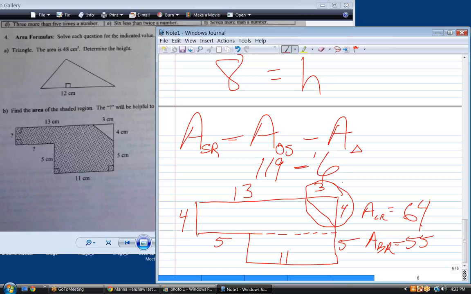So 119 minus 6 is the answer. 113 is the area of the shaded region. Notice that the area of the shaded region is 6 centimeters less than the area of the whole outside. There wasn't much in that white area, just 6 square centimeters, excuse me.